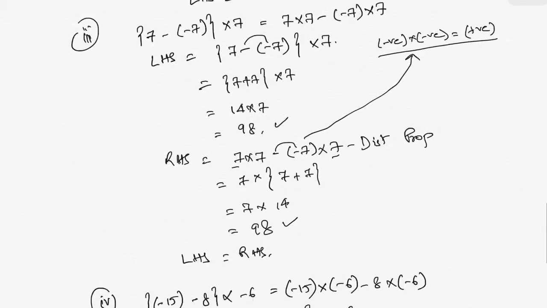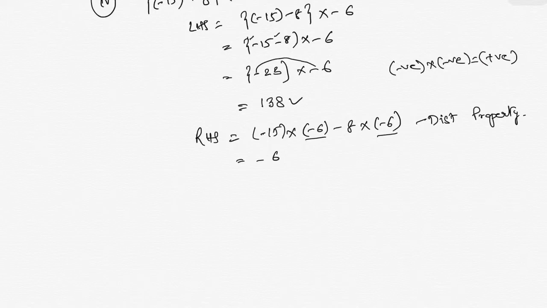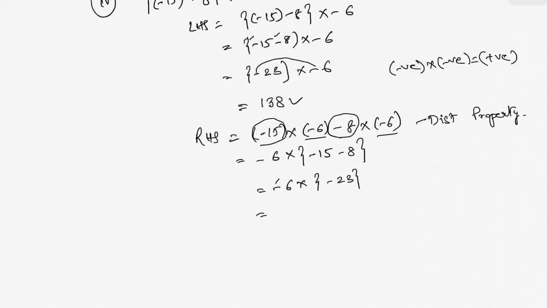Minus 6 is common into minus 15 and minus 8. So what is left is minus 15 minus 8. So it's minus 6 into minus 15 minus 8, which is minus 23. So this is minus into minus, plus, according to this property. So we will see 138. Okay, hence left hand side is equal to right hand side.